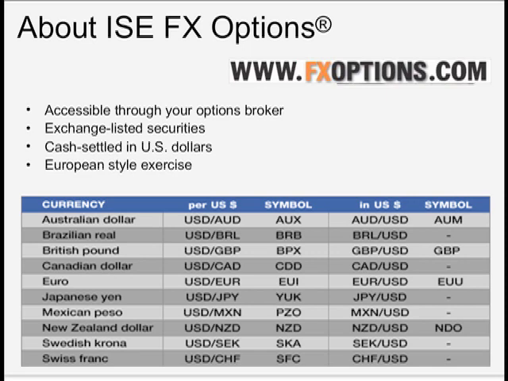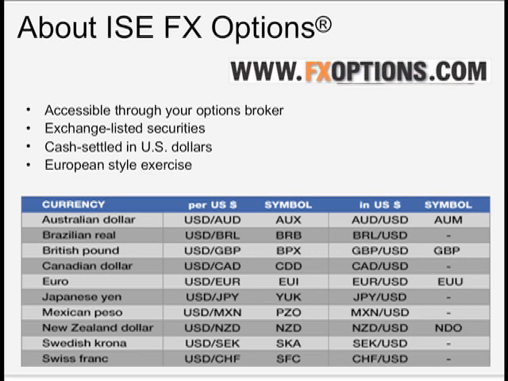The other consideration is that they're of course cash settled in U.S. dollars and European style exercise. So what this means is that they're not settled out with you having to take control of so many U.S. dollars or so many yen or so many euros, but in fact the difference is settled in U.S. dollars cash.